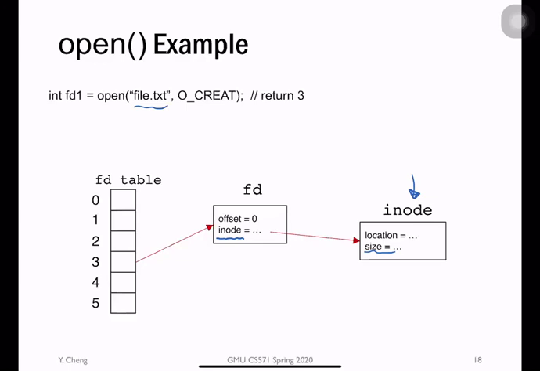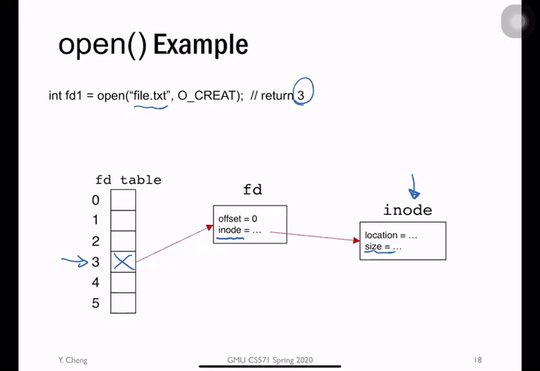So the first call to the open system call returns a file descriptor of 3. As part of this animation, starting off, you create a new entry under index number 3 of the file descriptor table, and you establish a connection from the file descriptor table to the corresponding file descriptor data structure that you just constructed at runtime.